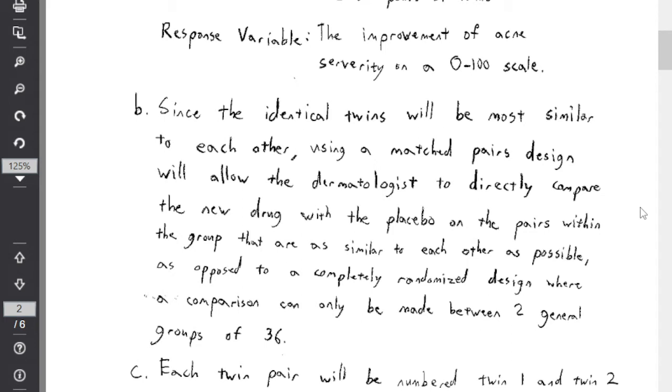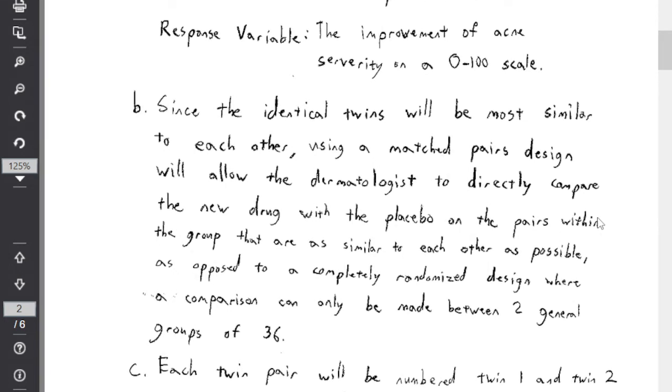If we were using a completely randomized design, we would just have this random group of 36 versus this random group of 36. Versus if we have a matched pairs design, then we have one of the twins getting one treatment and the other twin getting the other treatment, and we can directly compare the two. And how are we going to do that?